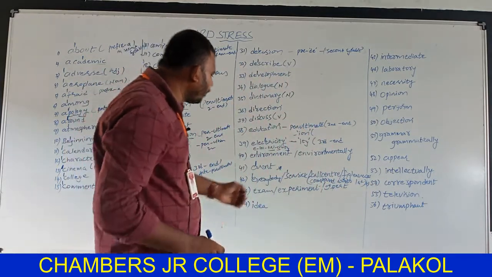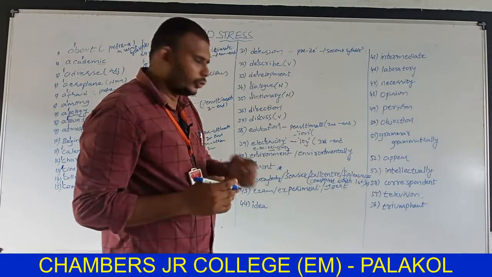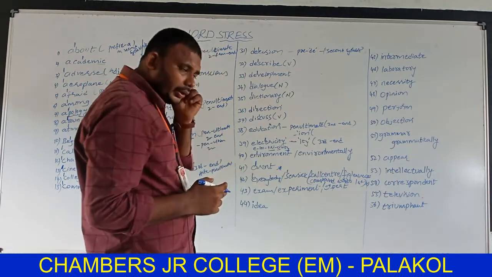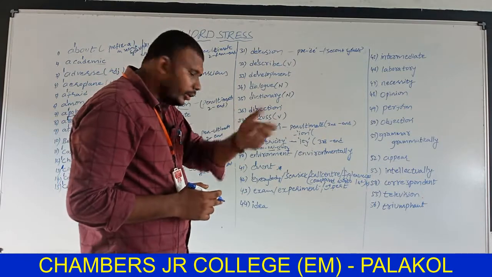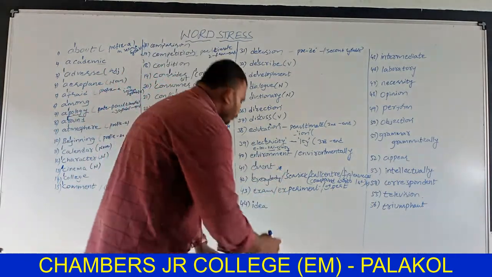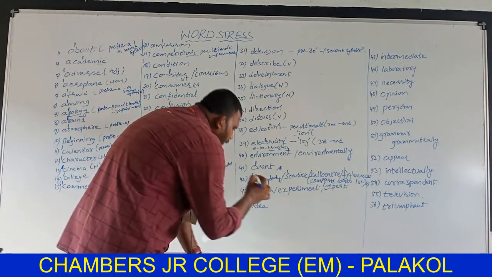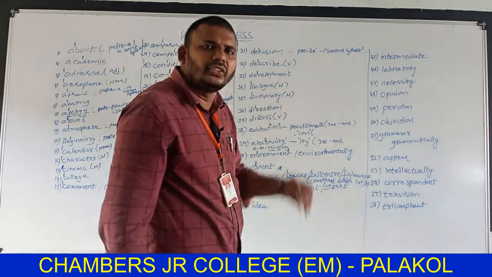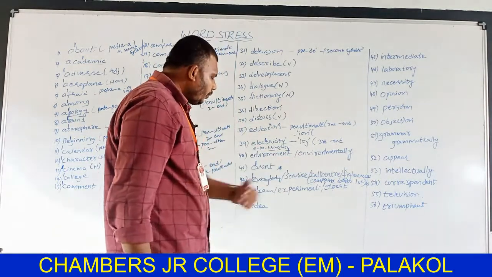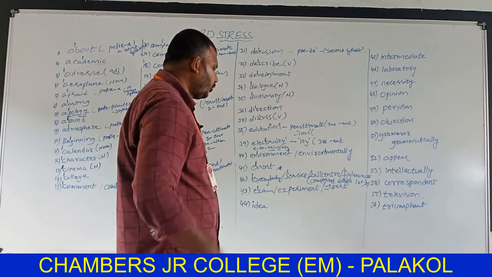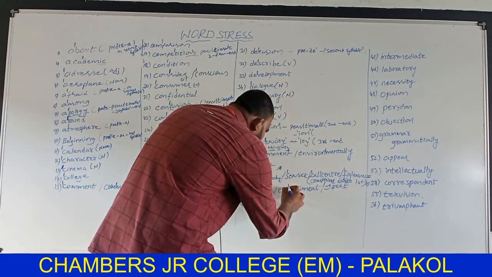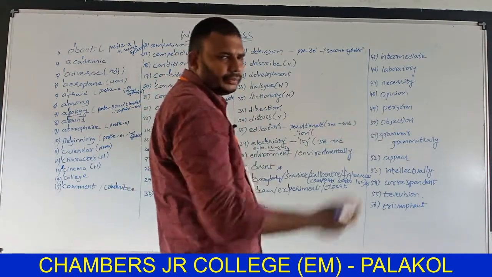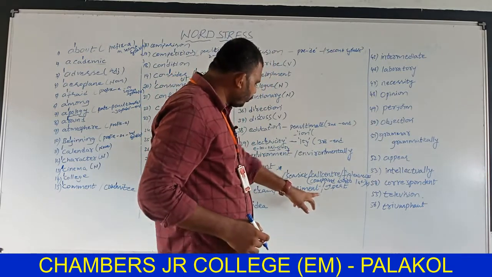And see the next one. Exam, experiment, expert. These are related, but the stress is in different places. Exam. Very important. You should put stress on X, not E. Exam. When we come to the next one, experiment, we should put stress on P. Experiment. Here the stress is shifted.